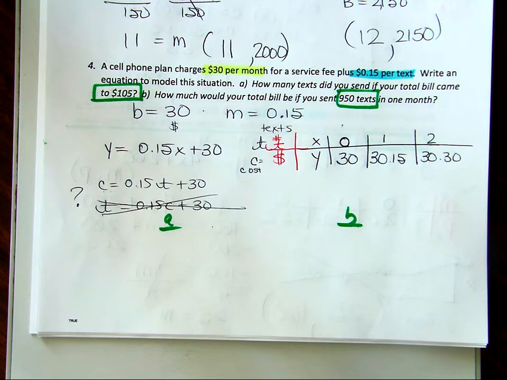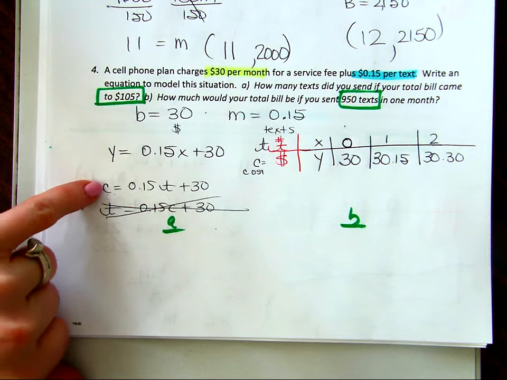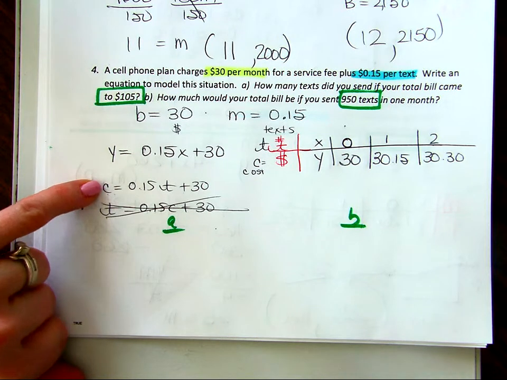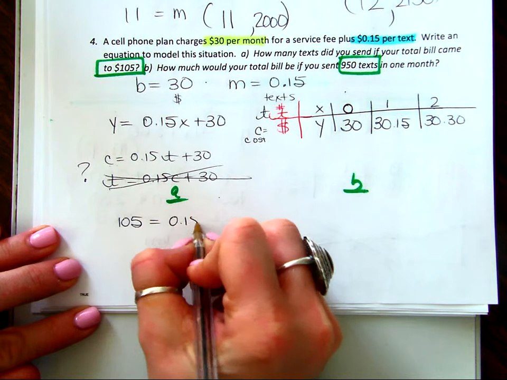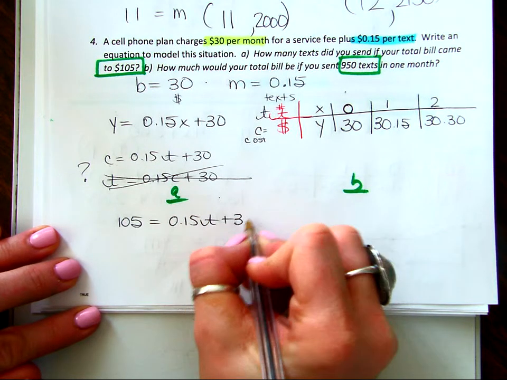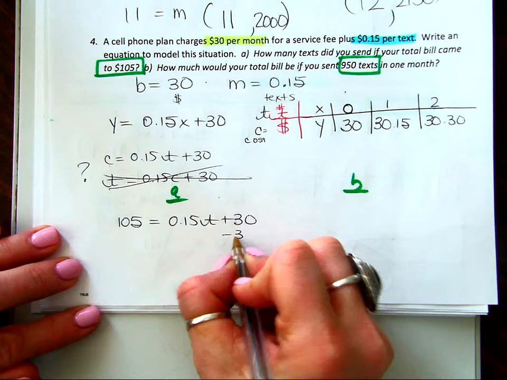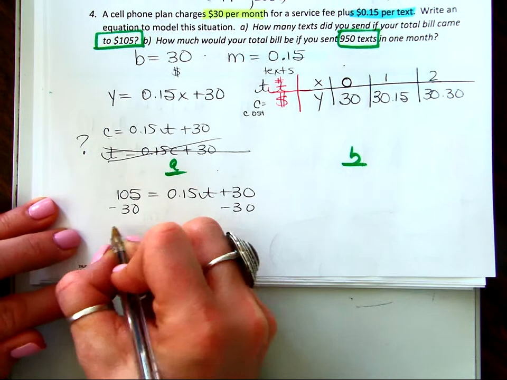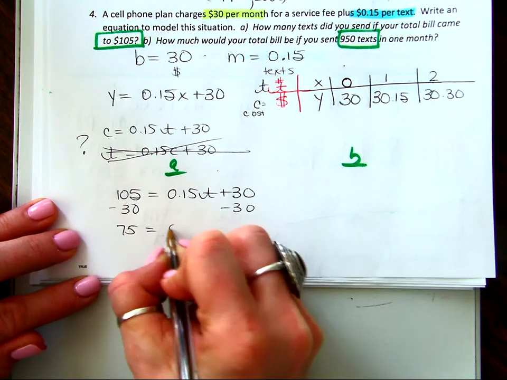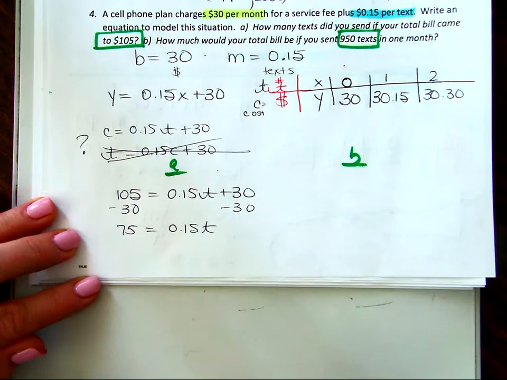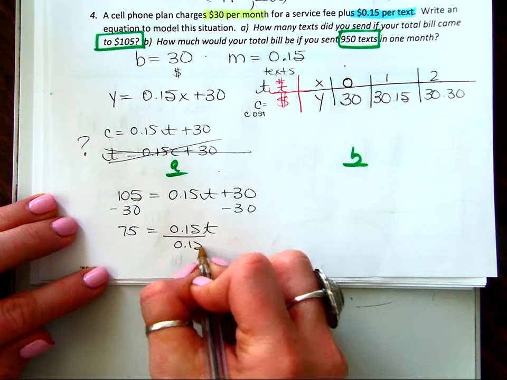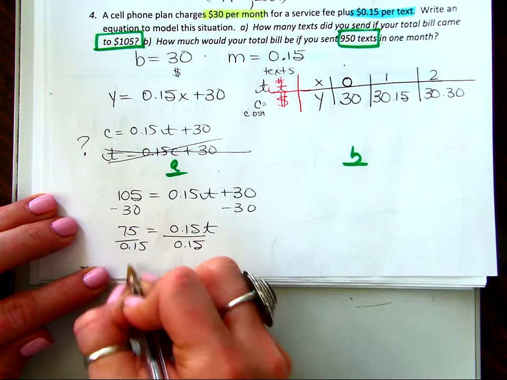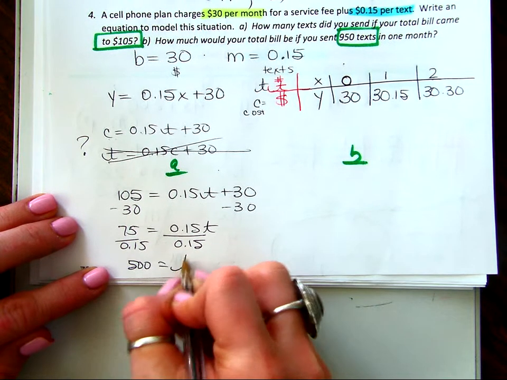So I know to put it there, right? So I have 105 equal to this. Of that 105, don't forget that 30 of it was your service fee. And then divide that by 15 cents, and you'll find out that you sent 500 texts.